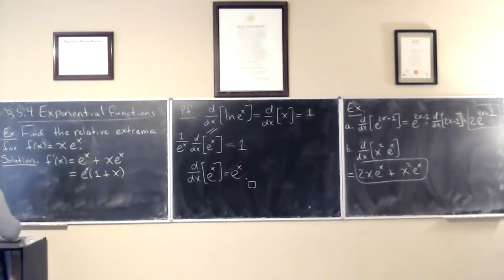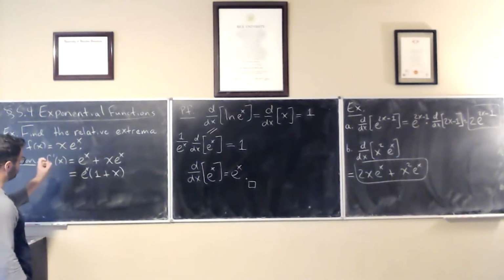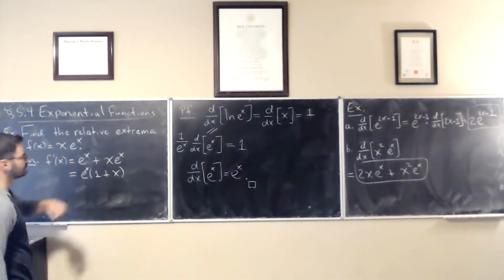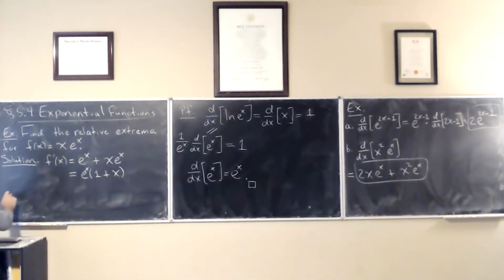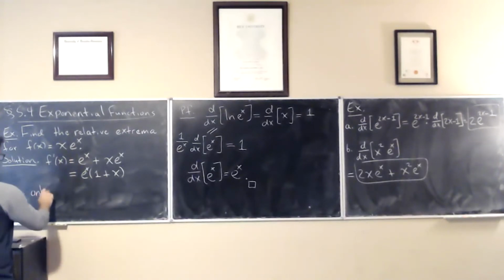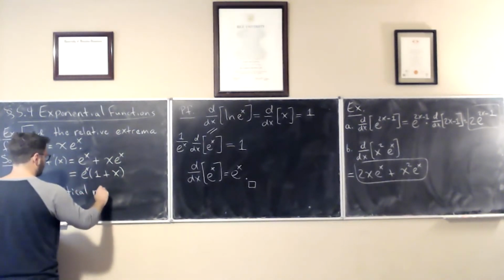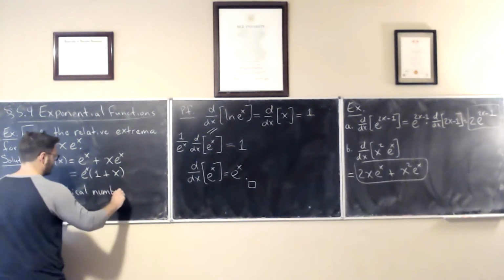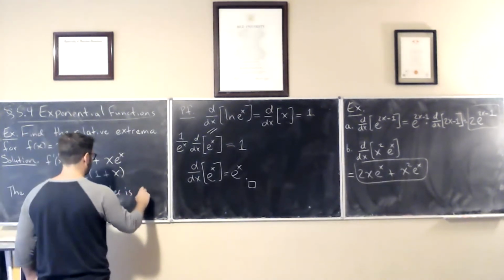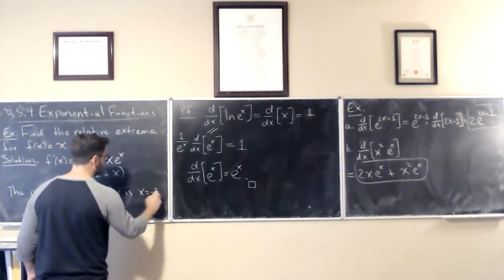The only places where this is equal to 0 is when x is equal to -1, and it exists everywhere. So the only critical number is x equals -1.